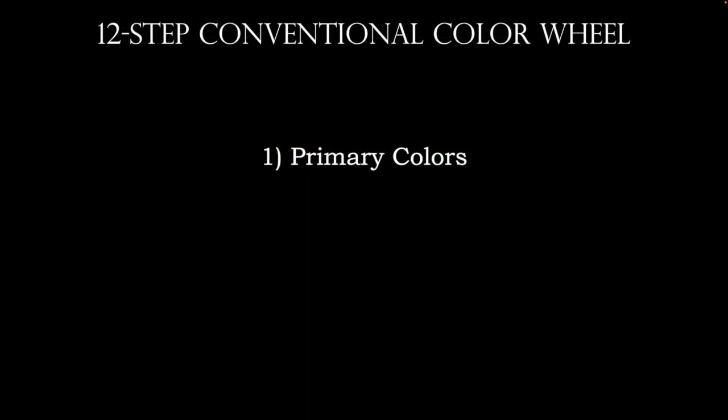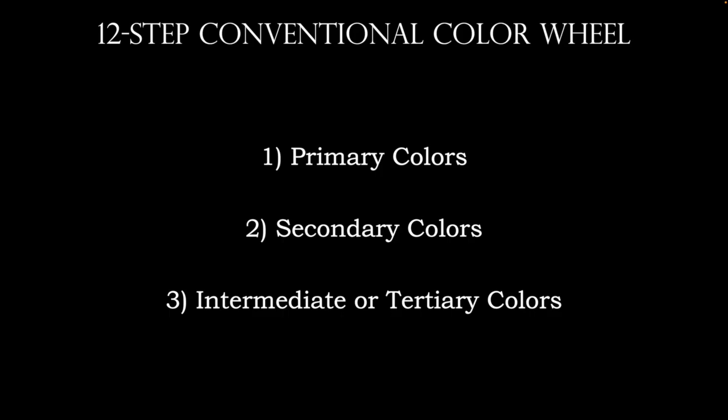So when you see a 1 next to a color, that states that it is a primary color. If you see a 2 next to a color, that means they are secondary. And finally, 3 means that the color is intermediate or tertiary. Both of those terms are synonymous.